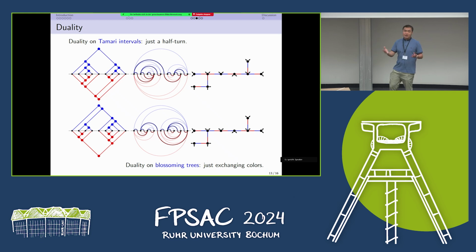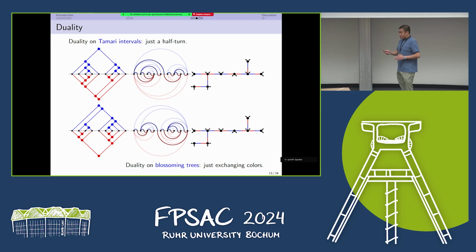But if we look at our bijection on blossoming trees, we see that we don't care about left and right, things like this. We are just turning counterclockwise. So the blossoming trees corresponding to the interval and its dual will be exactly the same, except that the colors are changed.